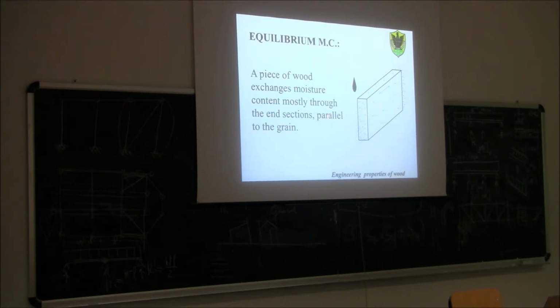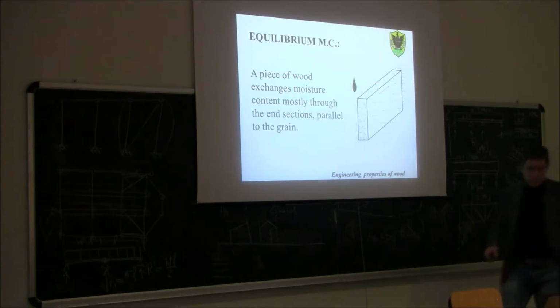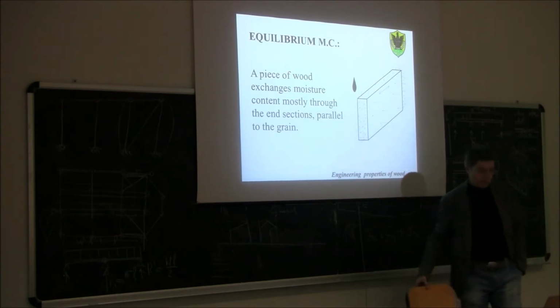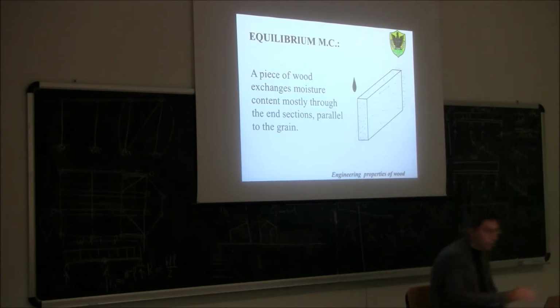Parallel to the grain. So maybe it's not the right word. The idea is that a piece of wood exchanges moisture content mostly parallel to the grain, so the exchange is much higher. Okay, so we can write it in better English perhaps: mostly parallel to the grain.